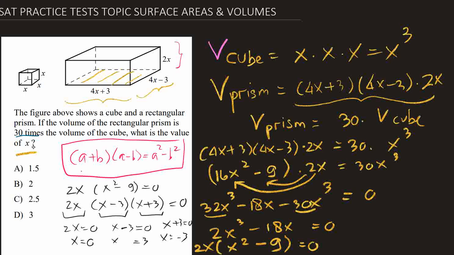Since x value shouldn't be negative, the acceptable value will be this one, and x is not possible to be 0 because 2 times 0 will be 0. So the answer is x equals 3.